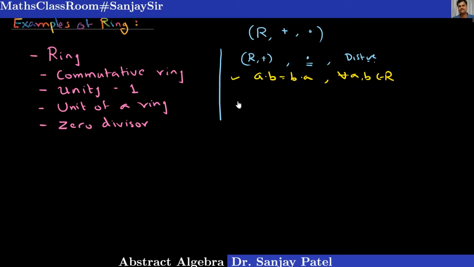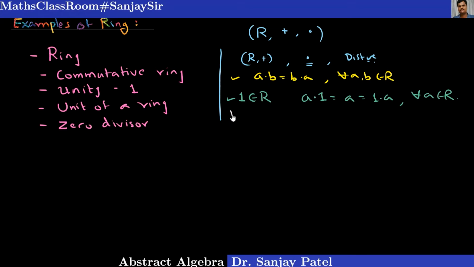A unity element is an element in the ring which we generally denote by the symbol 1, and it satisfies this condition: a dot 1 is equal to a is equal to 1 dot a for every a belongs to R. In short, unity element is nothing but the identity element, or neutral element, for the second operation of multiplication.